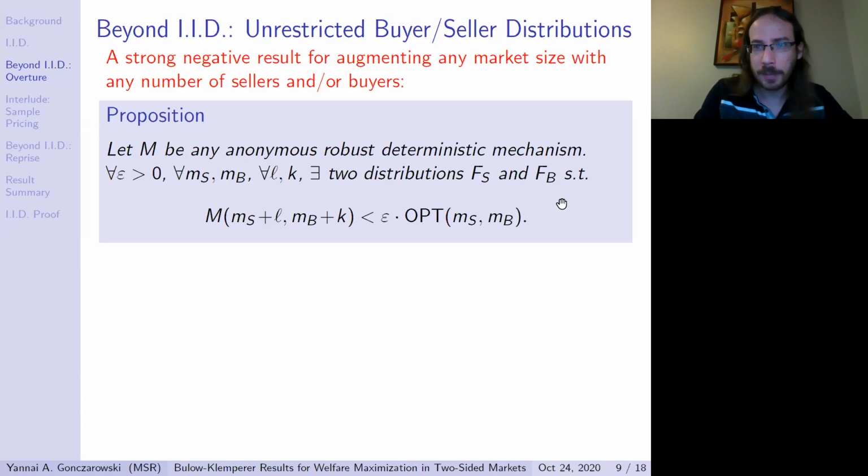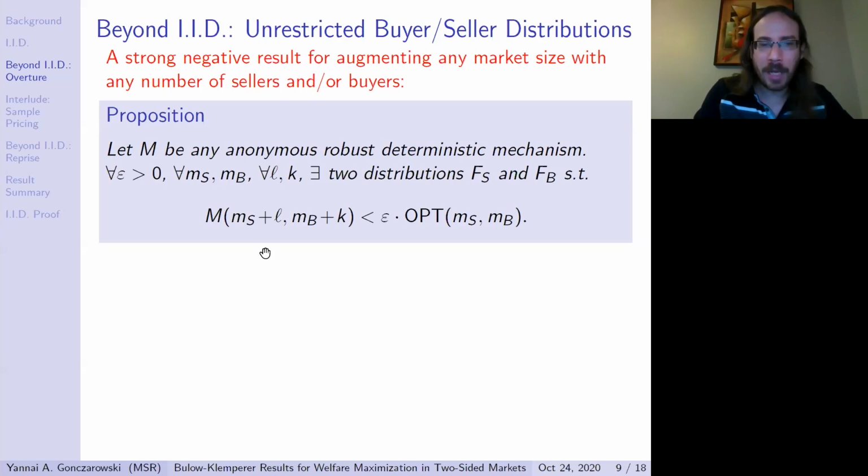Question. How does anonymity pertain to comparing a mechanism for, say, ms equals 2 and mb equals 7 to a mechanism for ms equals 7 and mb equals 10? Here M is a mechanism for ms plus L sellers and mb plus K buyers.